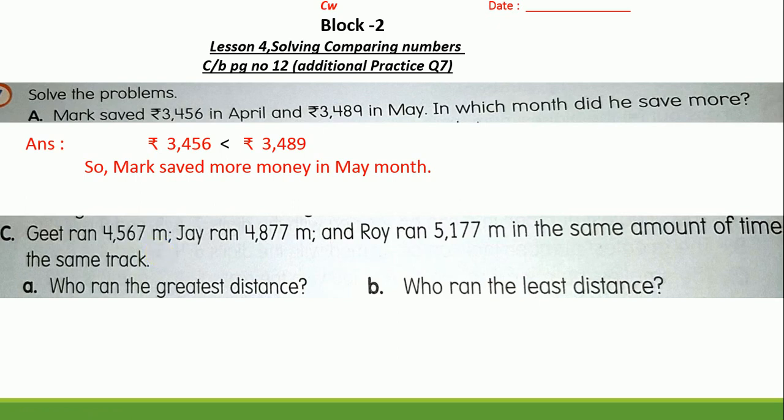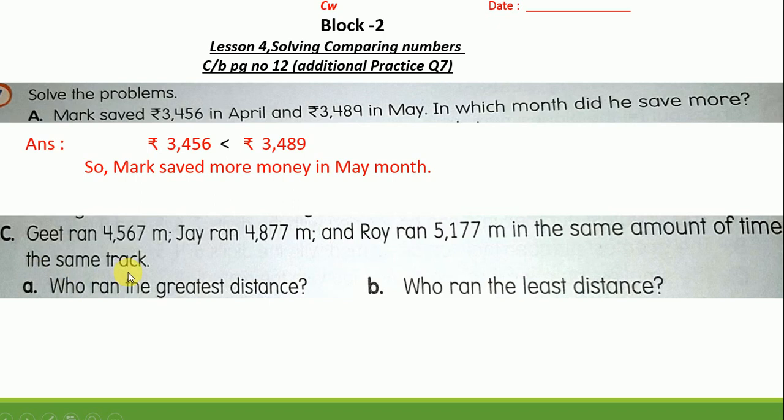How much distance he or she ran. Okay, so the next one, Joy ran 4,877 meters and Roy ran 5,177 meters in the same amount of time, on the same track.